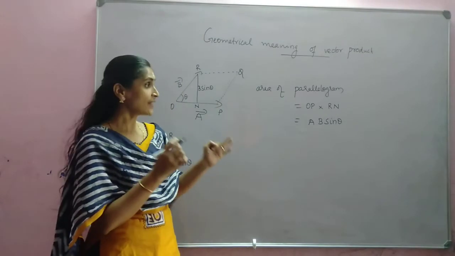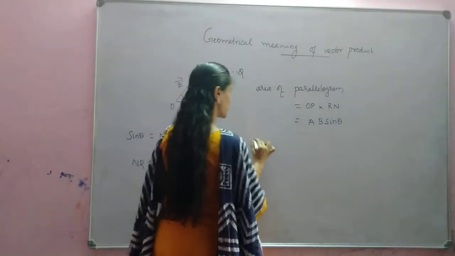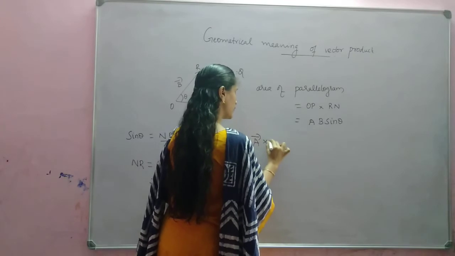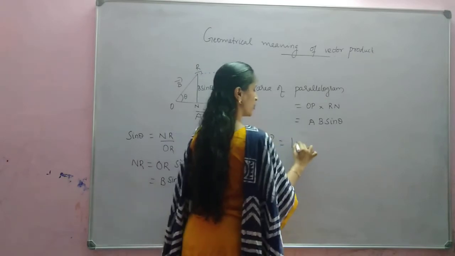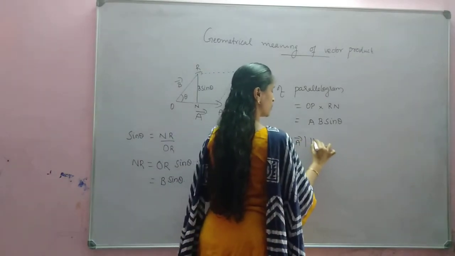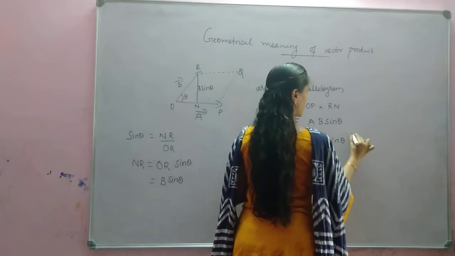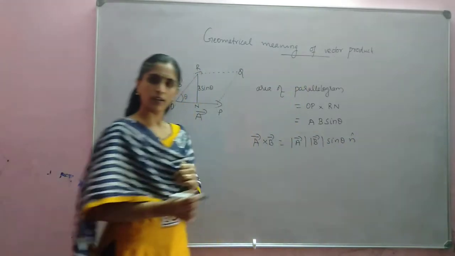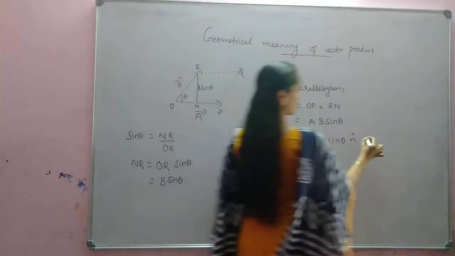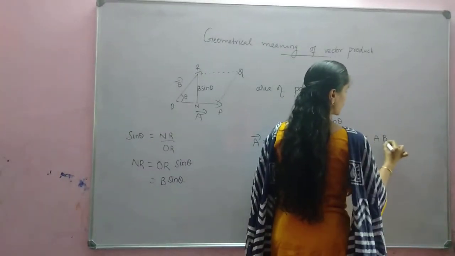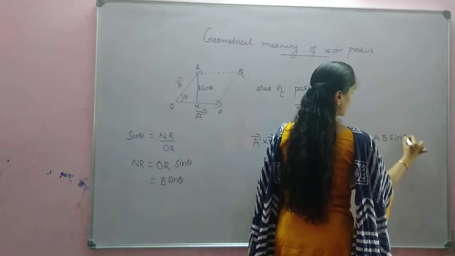Okay. And if we are finding A cross B, what will we get? We will get modulus of A into modulus of B into sin theta into n cap. Or we can write modulus of A is A itself, modulus of B is B itself, sin theta into n cap.